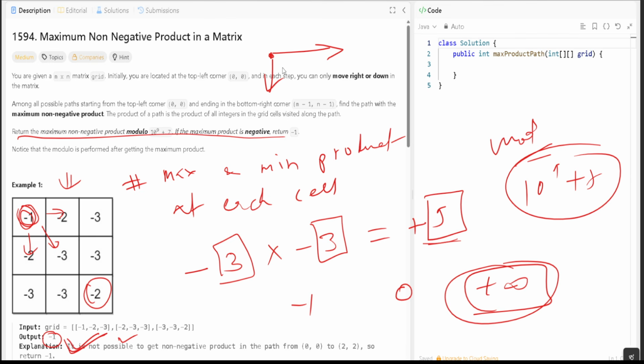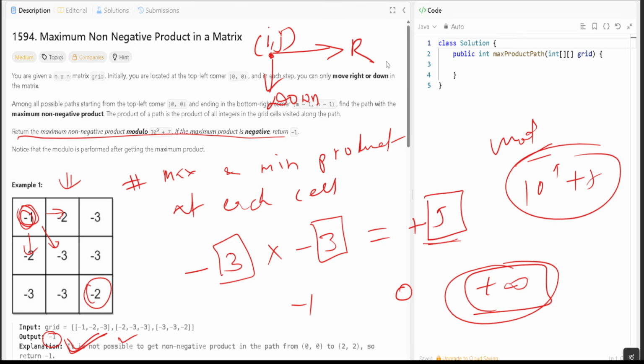We also understood that the allowed moves from any cell are either the right side or the down side. So let's suppose the current cell is I and J. What is the next move?